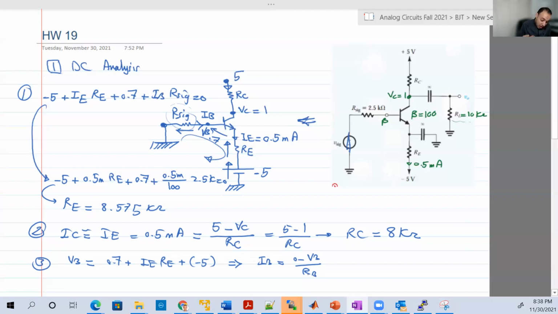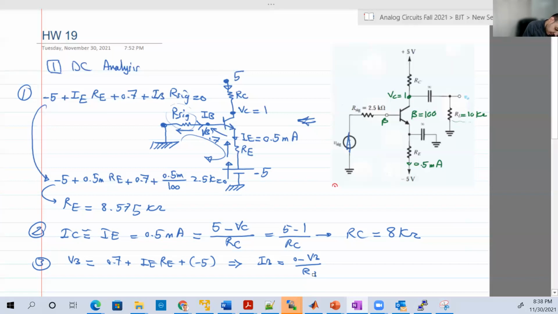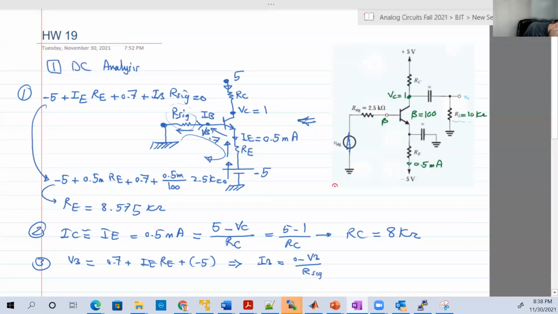This is our signal resistance, not RB. Our signal resistance is known, 2.5 kilo ohms, and you get VB. And I prefer that one because it's shorter.